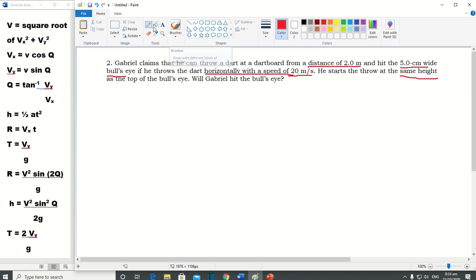So ngayon illustrate muna natin. Ito si Gabriel. Stickman na lang din ulit. Meron siyang dartboard na balak patamaan yung bullseye. Sabihin natin, ayan.